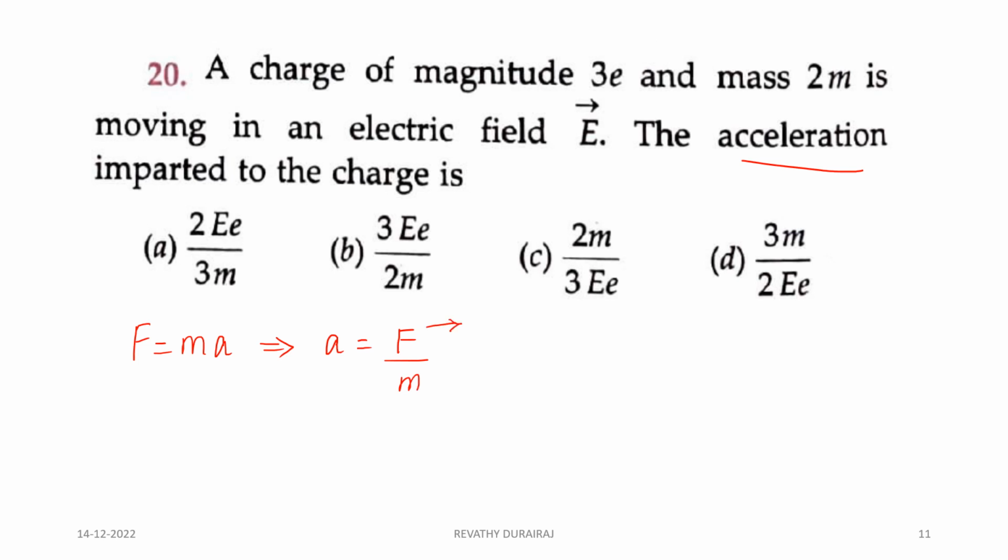The force acting on this is electrostatic force, and that can be written as q times E divided by m. So what is the charge here? It is 3e, and the electric field is E. The mass is 2m. So it's 3eE by 2m, and this is the answer.